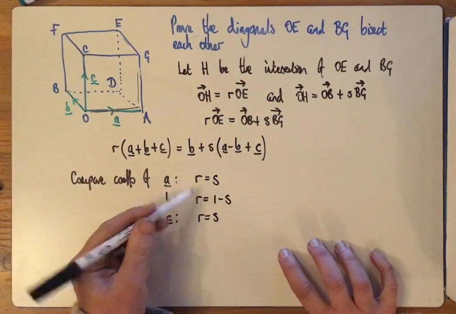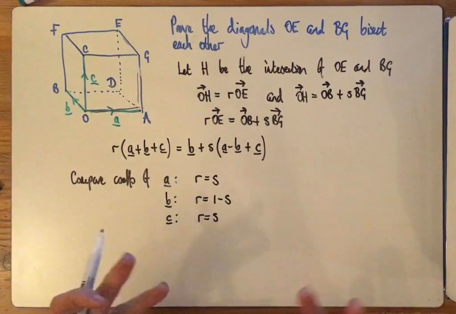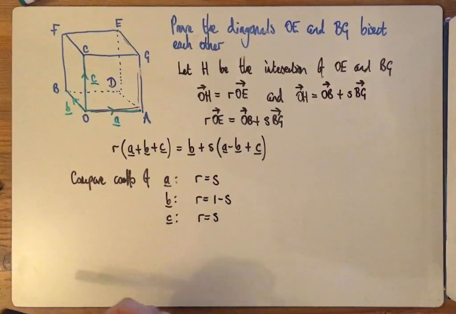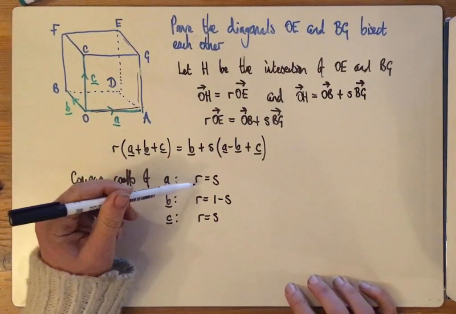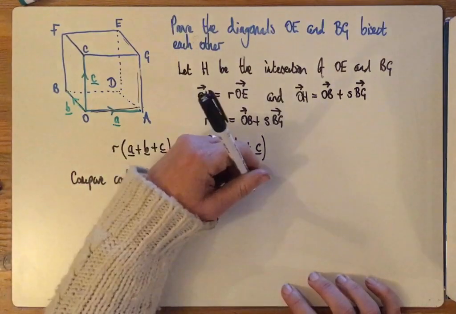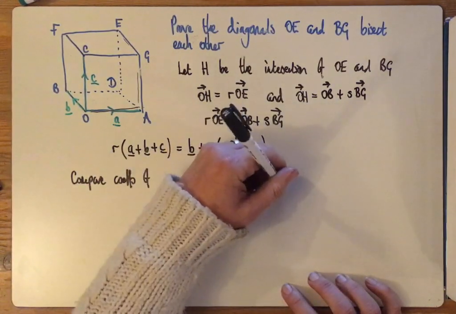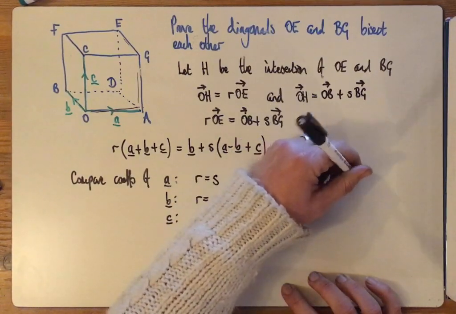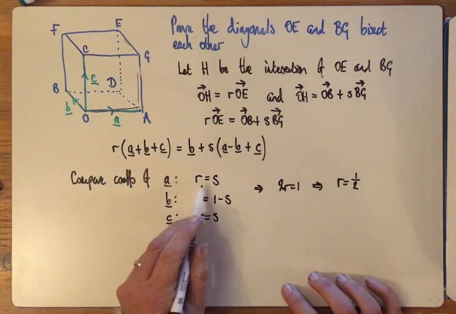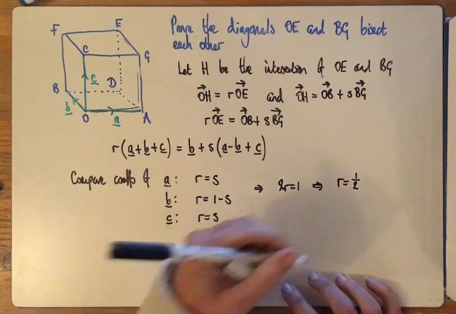So these equations are the same, so this one isn't actually going to add anything more. Adding these two together, you get 2R is equal to 1, which implies that R is a half, and if R is a half, then S is a half, and that also fits that one there.